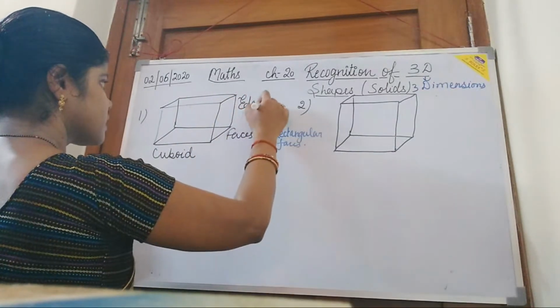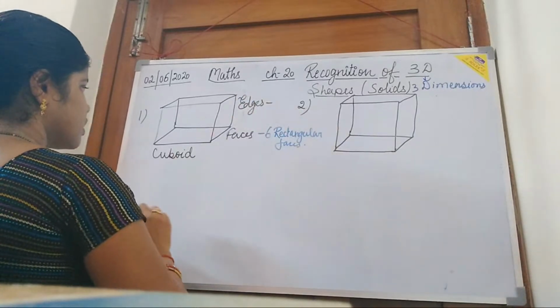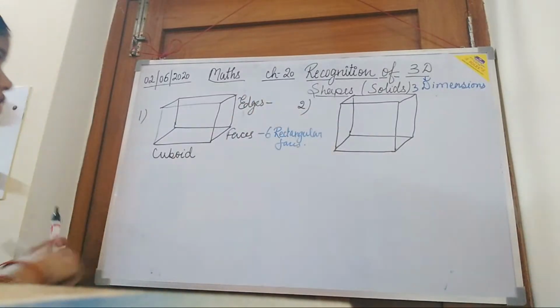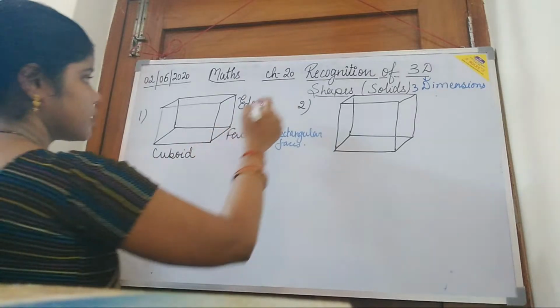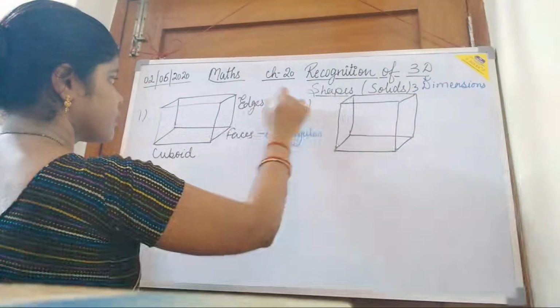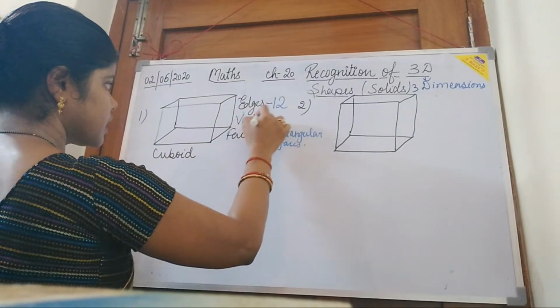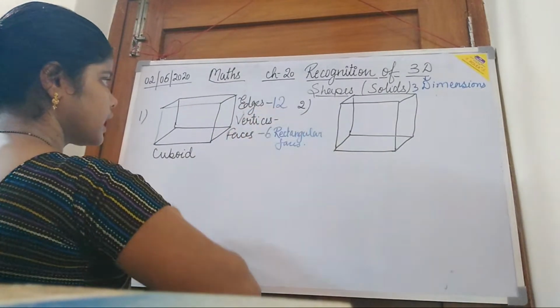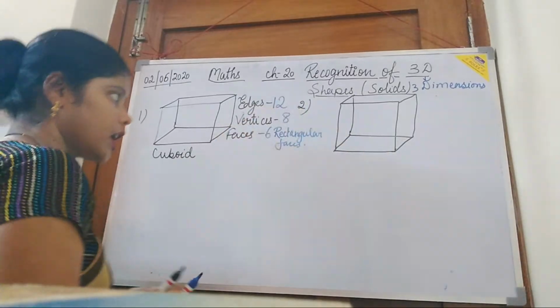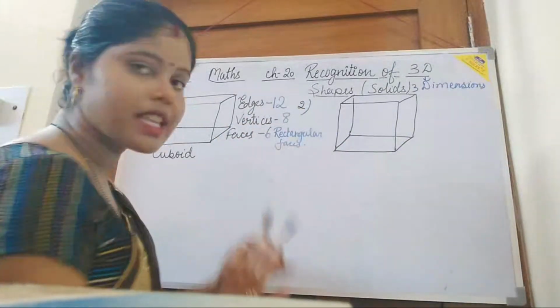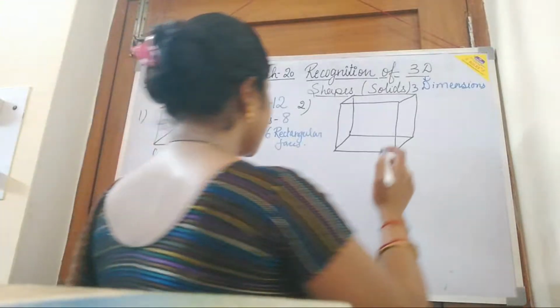Edges, vertices 8. In cube also same, only face is different.